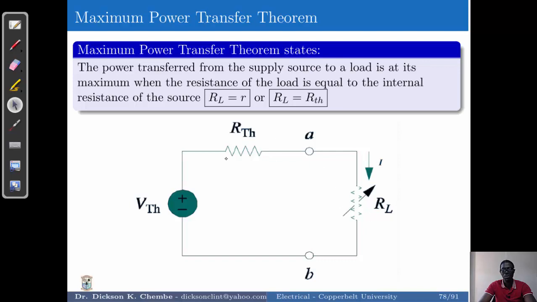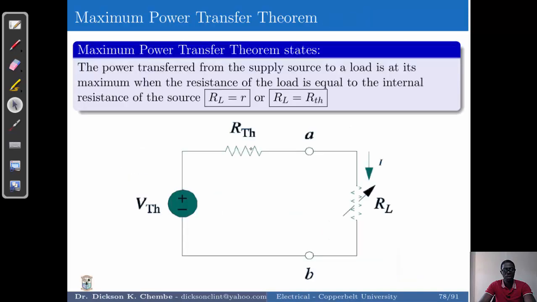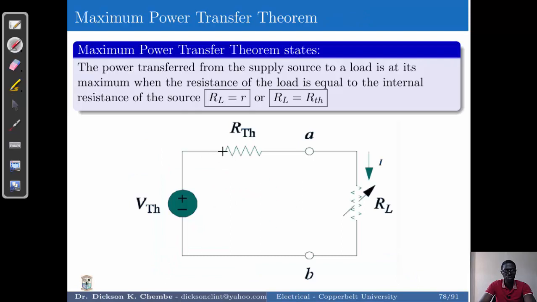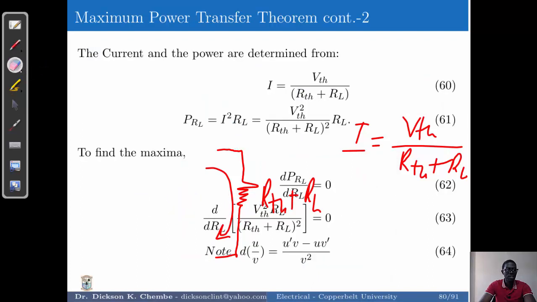The sum of these two gives the total resistance in the circuit, so the total current passing through the circuit is simply V Thevenin over R Thevenin plus RL, as we are showing in the next slide. That is how we find the current in the circuit.